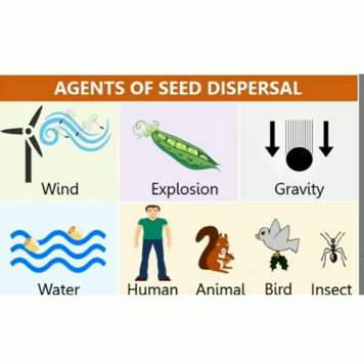The seeds are scattered far from the parent plant. This happens in the case of castor and balsam. These are some examples of seed dispersal by explosion.